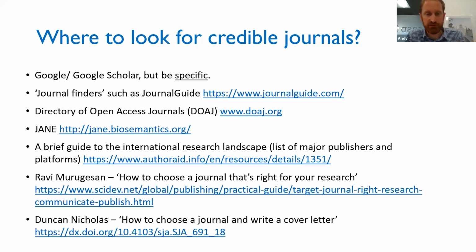And I've also recommended 2 articles, one by my colleague Ravi, How to Choose a Journal That's Right for Your Research, and another one called How to Choose a Journal and Write a Cover Letter. And probably most of the advice that I give here might be mentioned in those 2 articles.